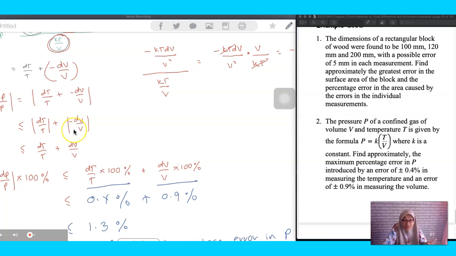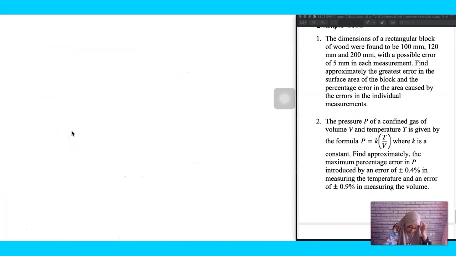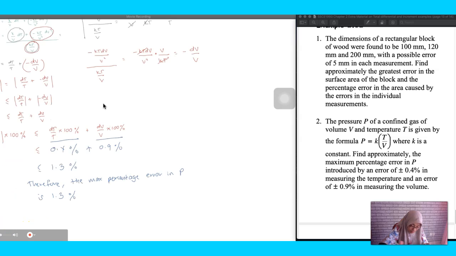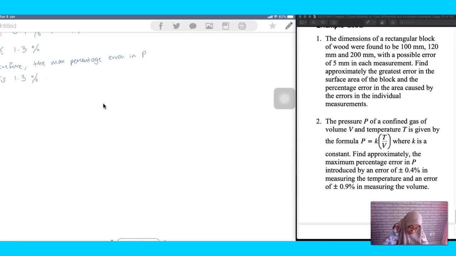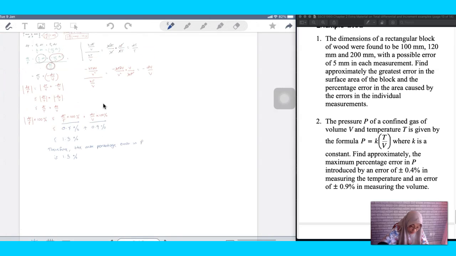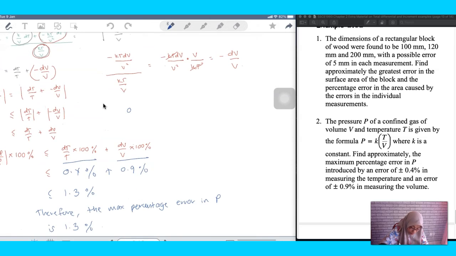Imagine that you forgot to split them. Then you will give me 0.4, and you will give me negative 0.9, and your answer will be something impossible.